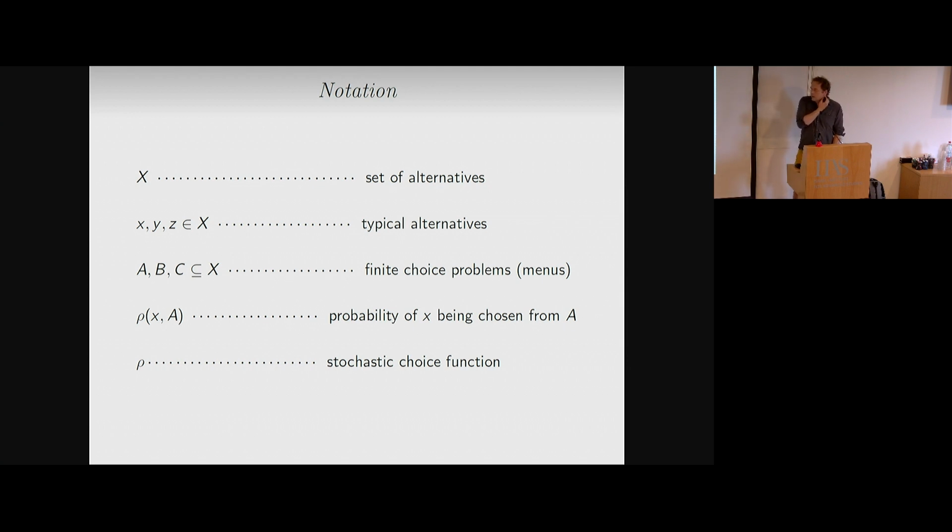The agent is choosing from a choice set, which I will call a menu. So this is a finite subset of capital X. And the main object of interest is going to be the probability with which x is chosen from A. So that's rho x of A, and rho is going to be called the stochastic choice function.